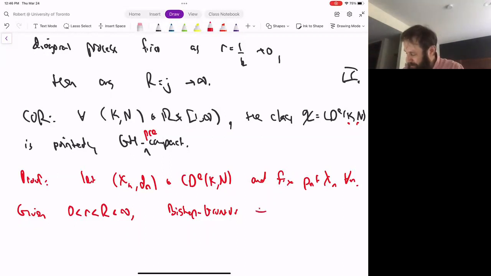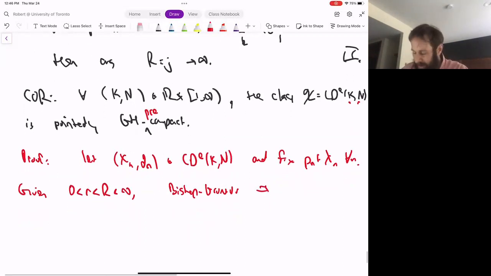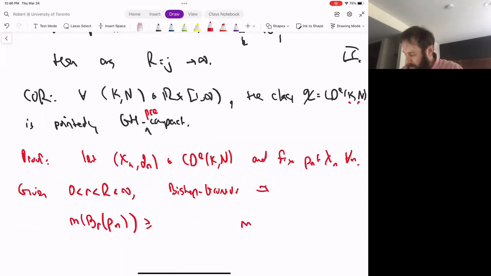We get that the mass of little r around Pn is controlled by the mass of big R around Pn by some constant.